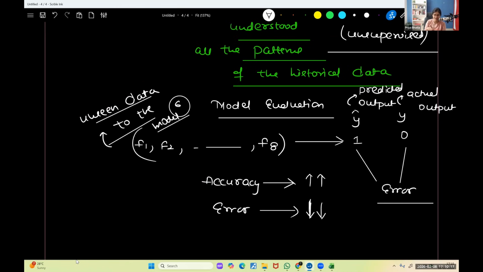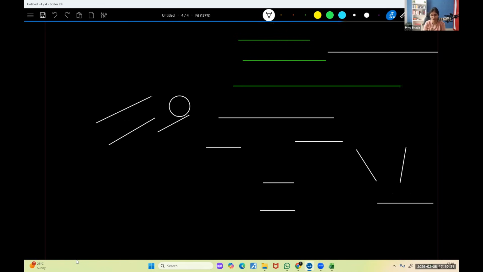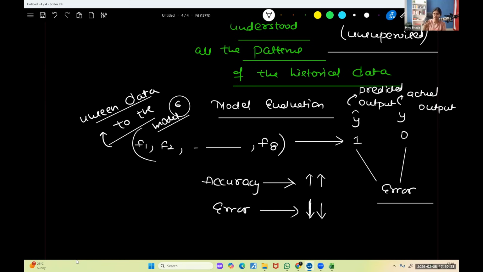Obviously my intention will be that whatever topics and discussions I have done today, whatever questions I have already given you the answer to today, I won't repeat those questions. I will ask you a different set of questions. The topic and context will remain the same, but the question will be different, the input values and input features are different. Based on that, we will have a final outcome.